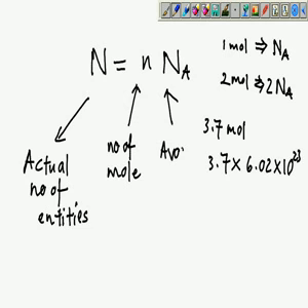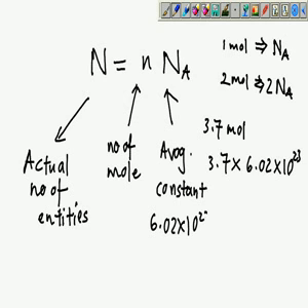Okay, it will always be given as 6.02 times 10 power 23. Alright, so now we also need to see the fact about actual over standard. As I mentioned before, actual number over standard number. You can also relate with the actual mass over standard mass.